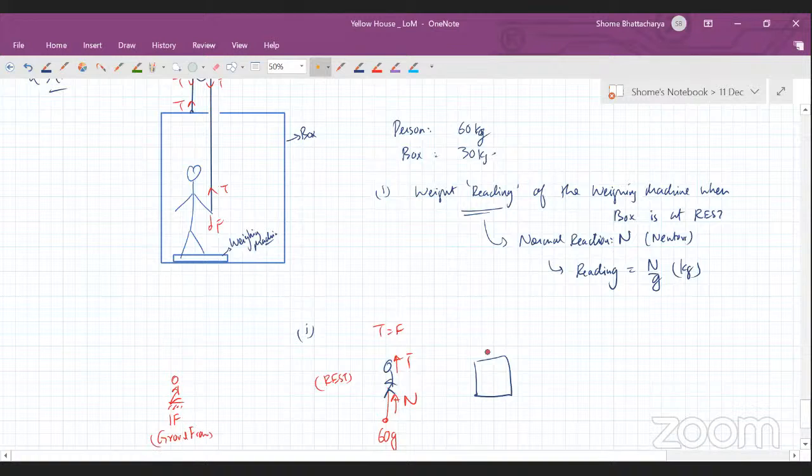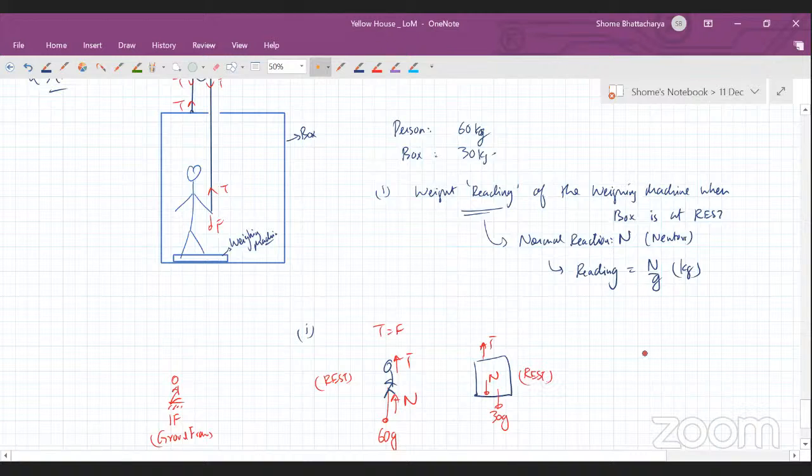Whereas the box experiences one tension upwards where the rope is attached, the normal reaction that the person is applying, and its own weight, which is 30 g. The box is also at rest in the ground frame.